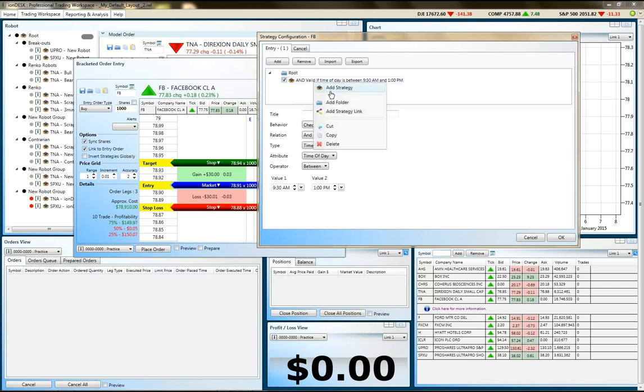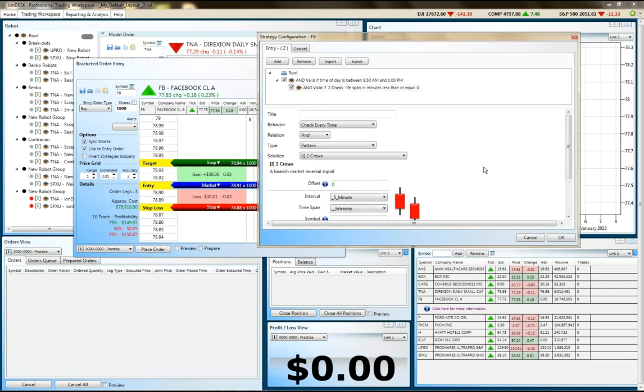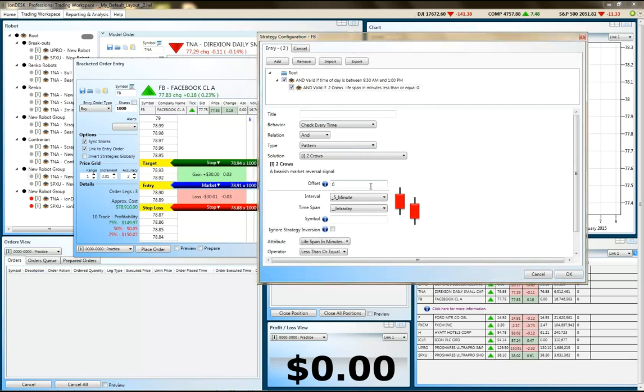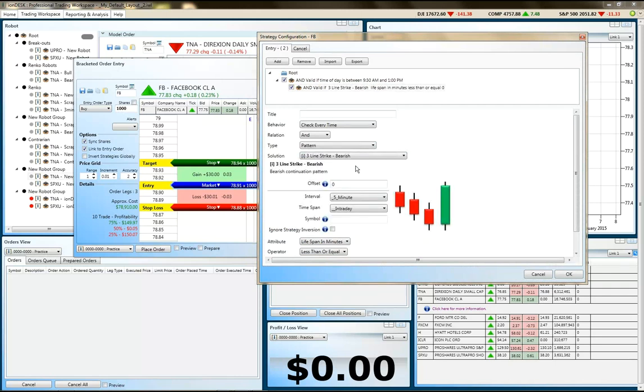Now we can take this further and say, well, when we see a specific pattern in the market, so if we end up seeing this particular pattern, 2 crows, or we could say 3 crows. Let's see, where are the 3 line strike.